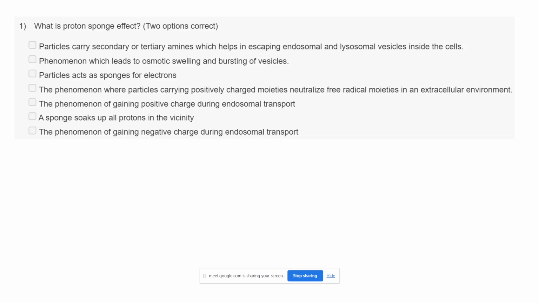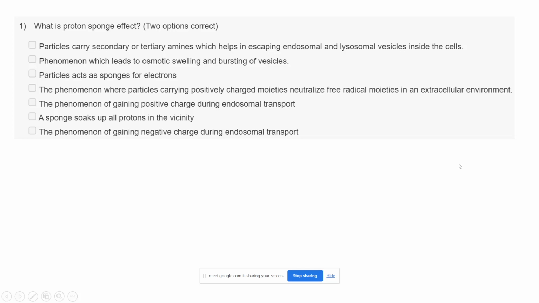Particles act as sponges for electrons. The phenomena where particles carrying positively charged moieties neutralize free radical moieties in an extracellular environment. The phenomena of gaining positive charge during endosomal transport. A sponge soaks up all protons in the vicinity. A phenomena of gaining negative charge during endosomal transport.